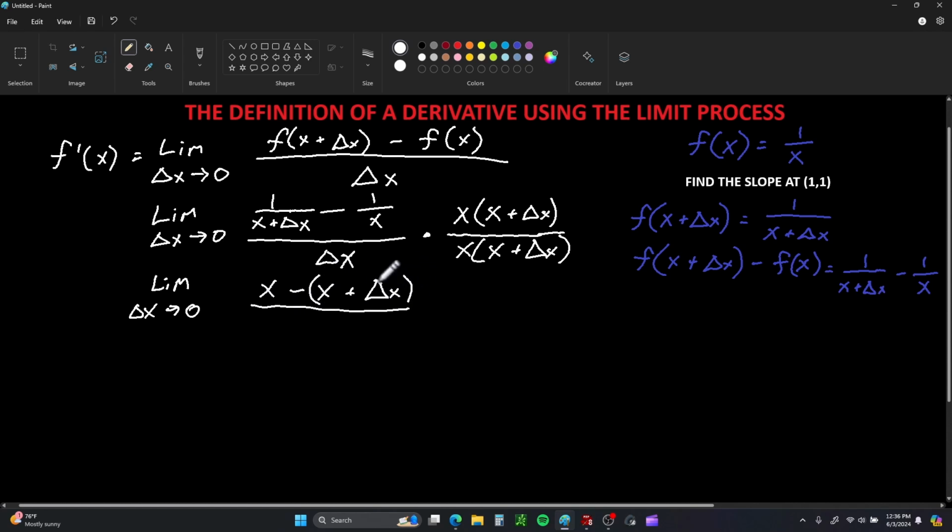This whole thing in the denominator, when I multiply this, simplifying on the next line, I'm going to distribute.